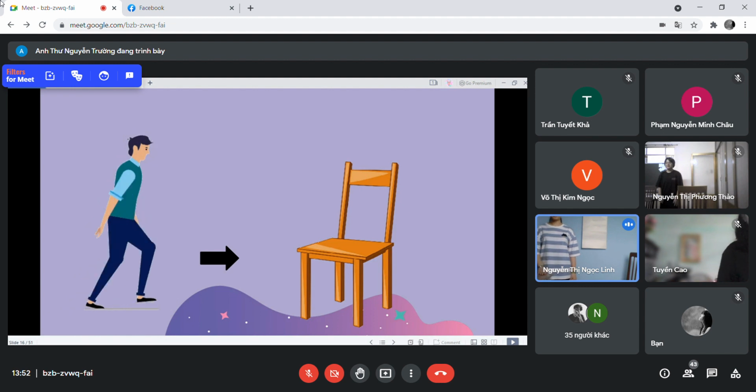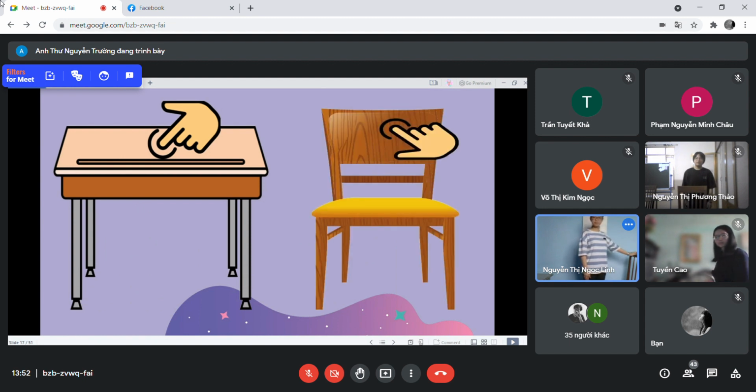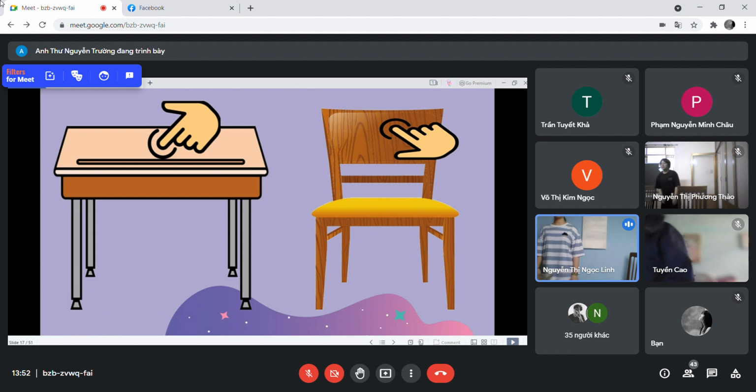Touch the desk. Point to the chair. Walk to the chair. Touch the chair. Now, point to the desk. Walk to the desk. Touch the desk. Point to the chair. Walk to the chair. Touch the chair.